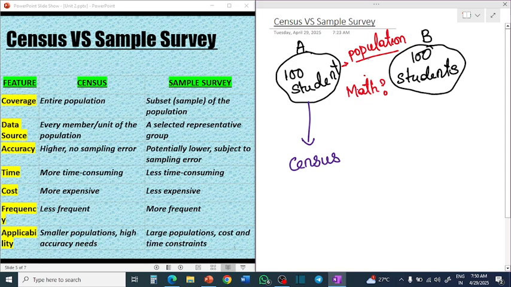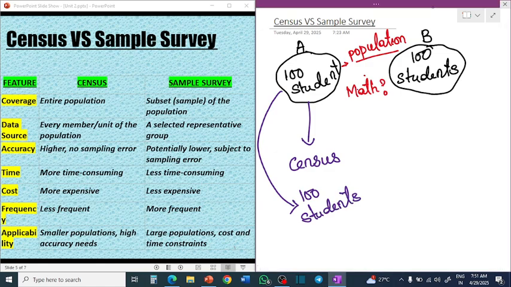So in the first case, you will collect data from all of these 100 students and then present your result.